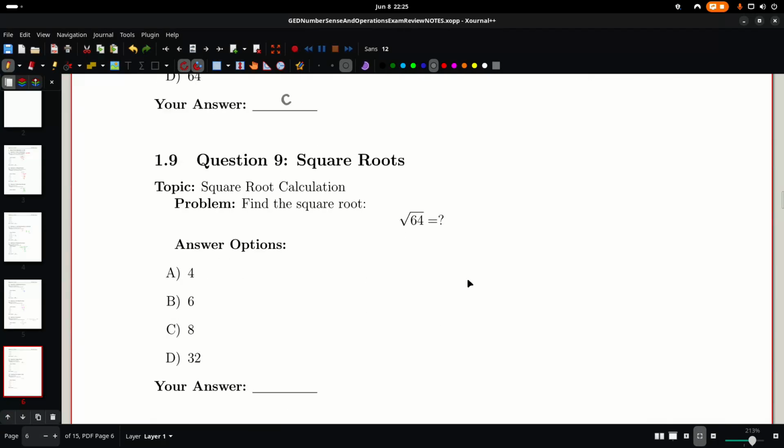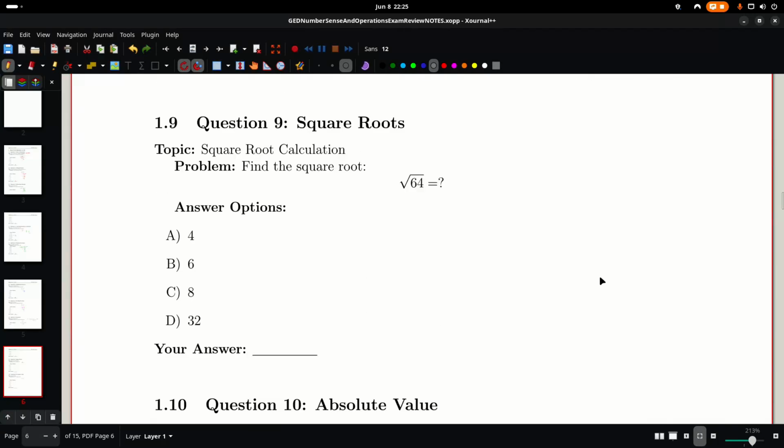All right, question 9, square roots. So some numbers are what we call perfect roots, so we can take the square root of them to get a whole number. And 64 is one of those values. And so you should know the perfect roots up to, say, maybe up to 12, I guess, is reasonable. 12 times 12 is 144.